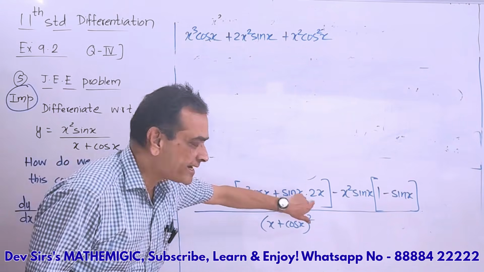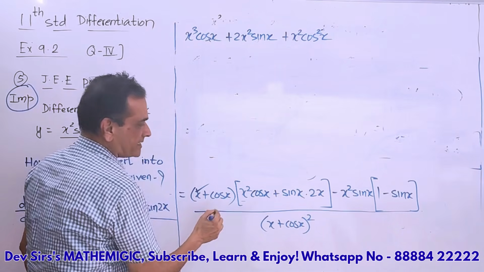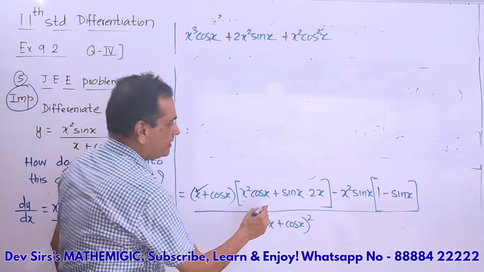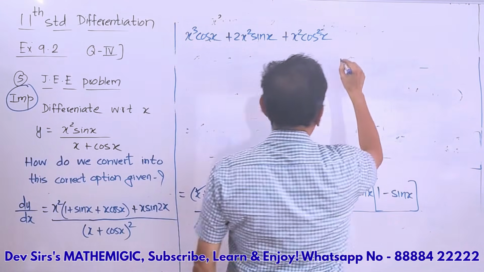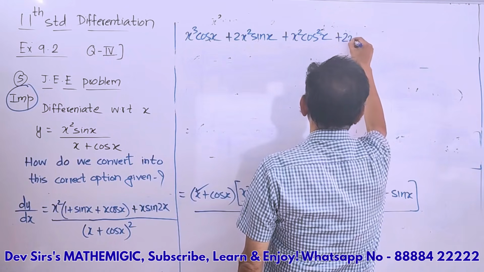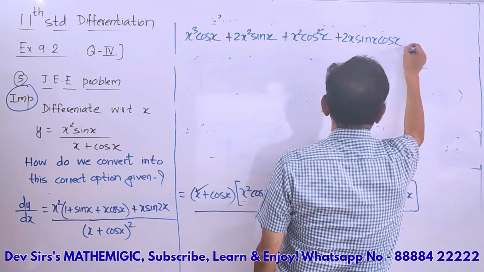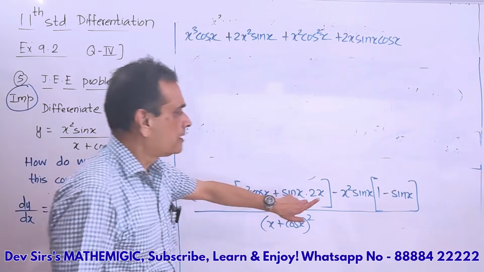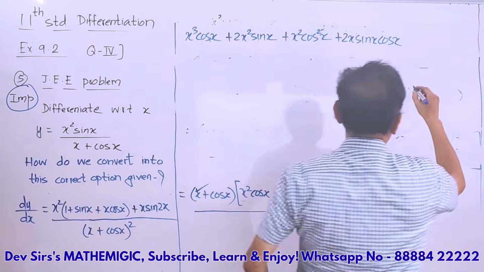Now cos x into the second term. So क्या है देखो, 2x sin x cos x. It is better to write plus 2x sin x cos x. Clear? Then minus x squared sin x into 1 is minus x squared sin x.